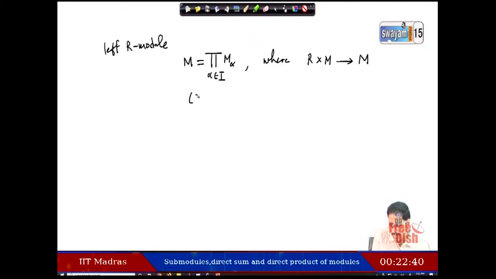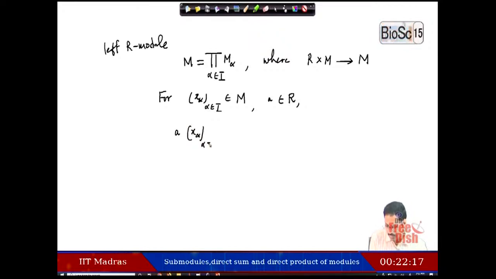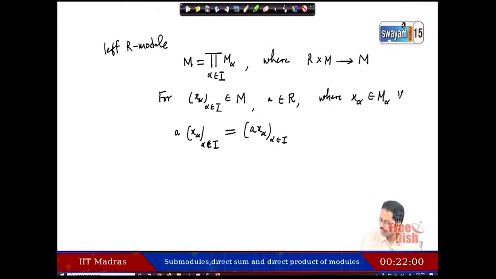These are like (x alpha), alpha belonging to I, the tuples indexed by I. This is a typical element of M. If you take any element a in R, the scalar multiple a times (x alpha) is defined as (a x alpha), where x alpha belongs to M alpha for every alpha in I. That means component wise scalar multiplication.